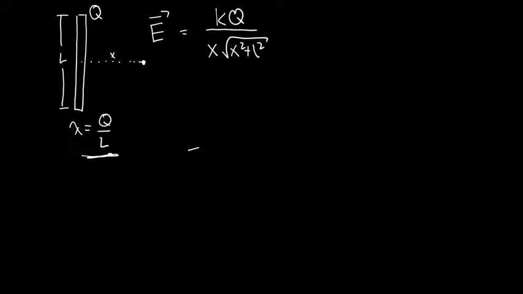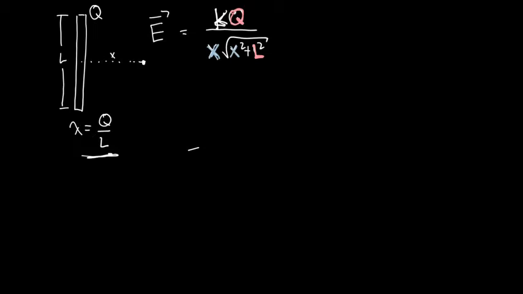And you can see that this is a mixture of physical constants, the Coulomb constant k, properties of the rod, Q and L, as well as properties of where you are looking in space, the distance x.